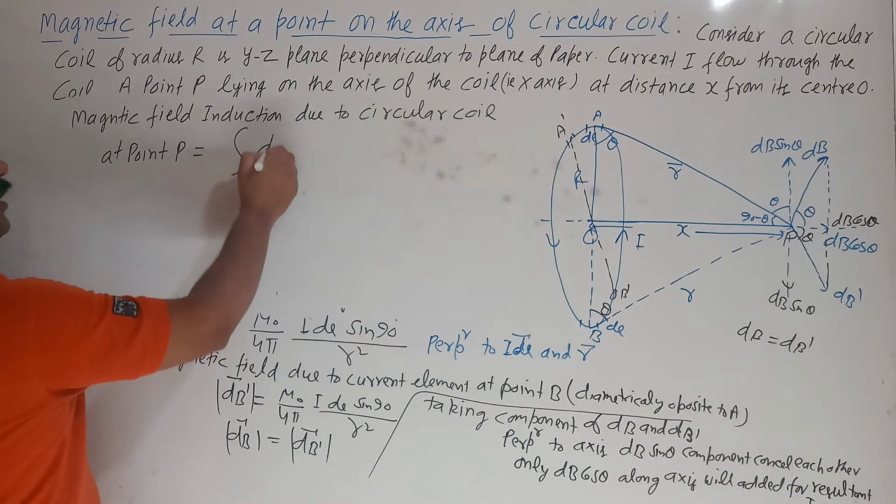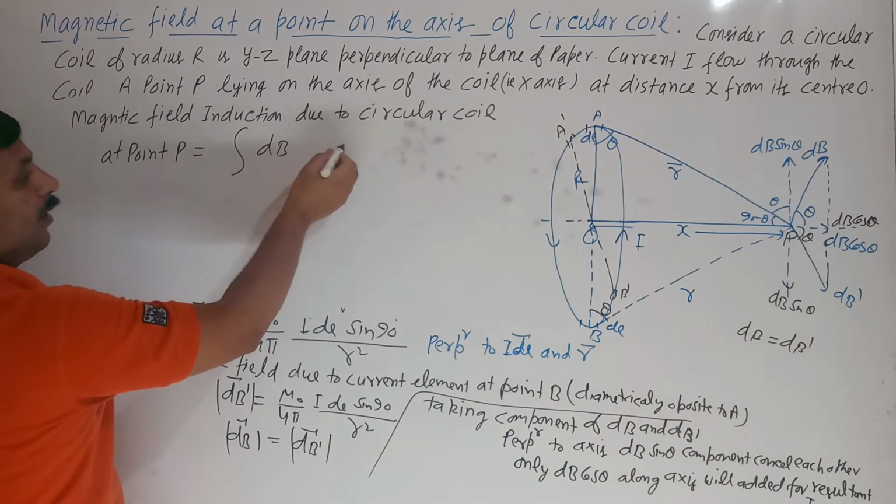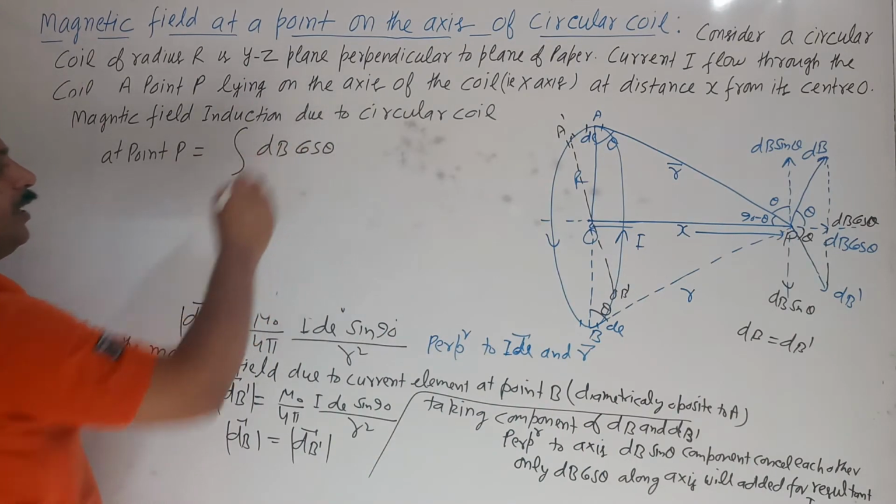So the summation we can write as the integration of dB cos theta.